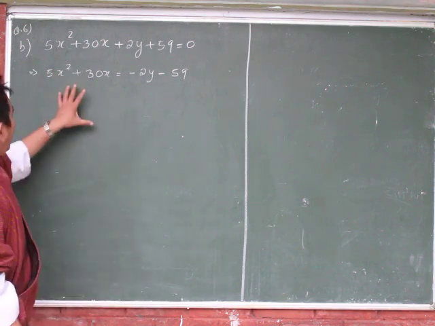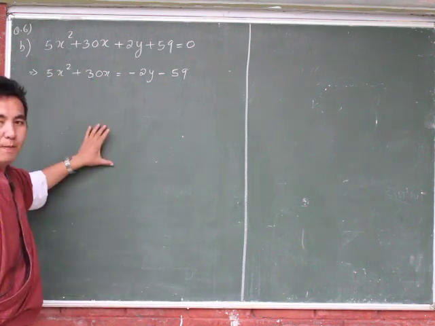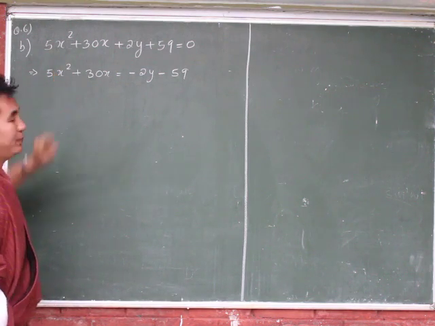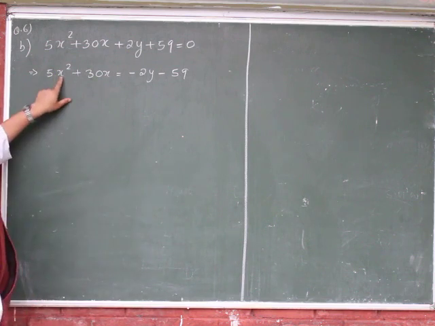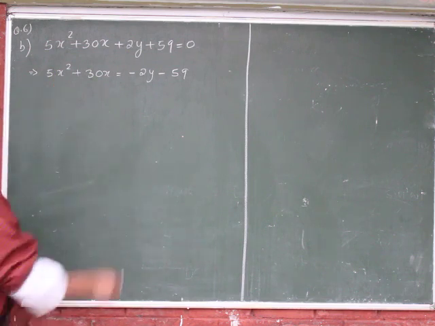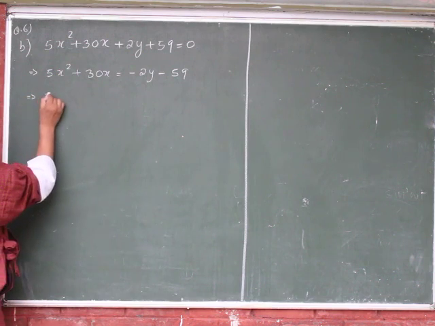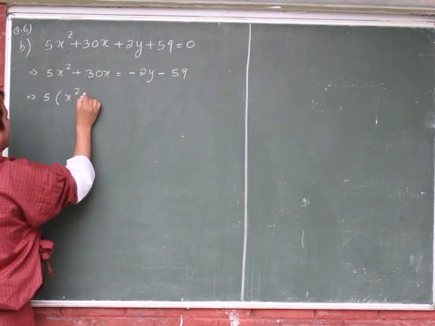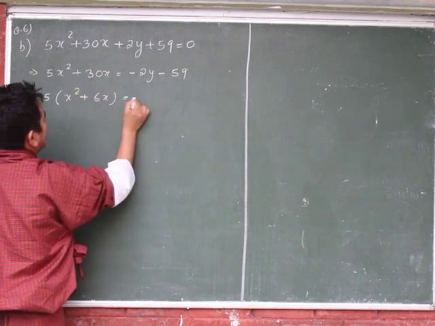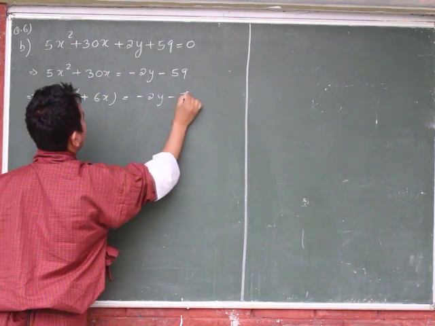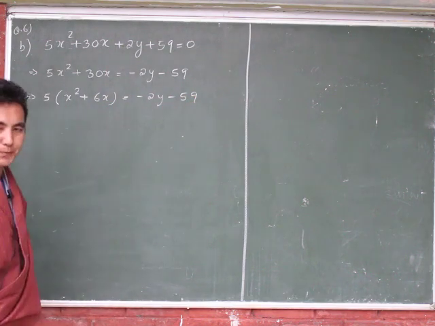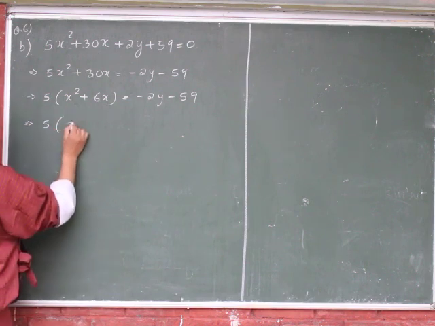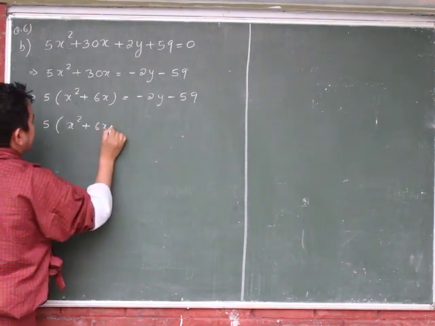Now in order to make this in the form which we did under question number 6a, the coefficient of x squared should always be 1. In this case, the coefficient of x squared is 5. So let me rewrite this by taking the 5 common outside: 5 times x squared plus 6x plus.